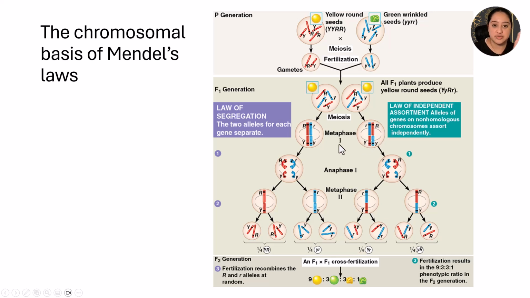And so in this random, independent assortment, that's how you get this combination and this combination. And then that's how these happen. So yeah, it was pretty impressive that Mendel did all of this work without even knowing what it was that carried all these things. But now it makes sense with our knowledge and hindsight that it's chromosomes.